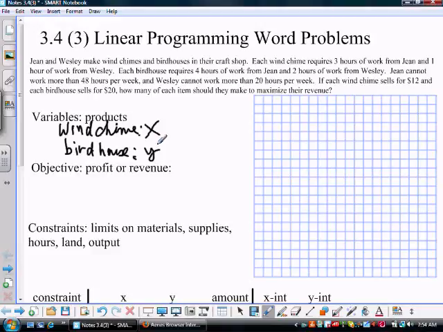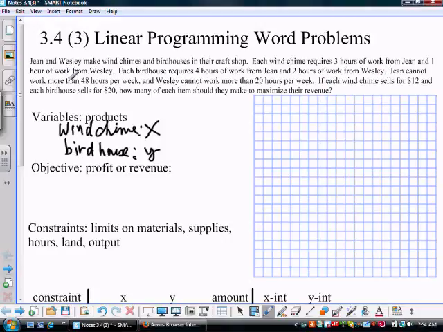Now we'll go with the easy equation, the objective equation, the profit, where we're going to try to find our minimum and our maximum. Usually the profit is down at the end of the problem. Here it says, if each wind chime sells for $12 and each birdhouse sells for $20, how many items should they make to maximize their revenue?